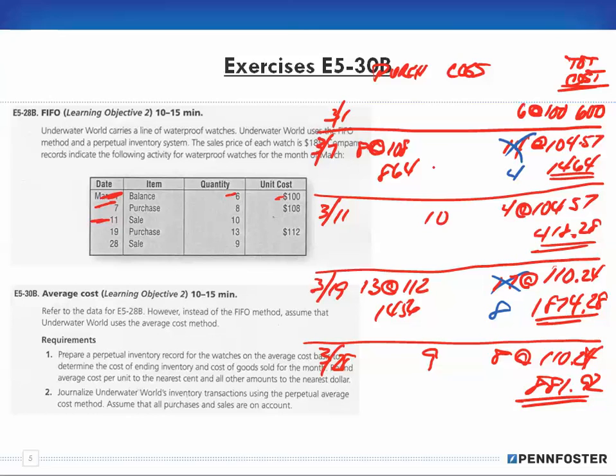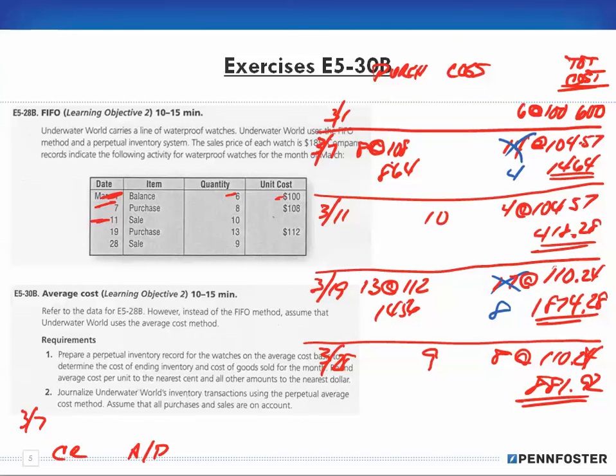Now, my journal entries are going to be basically the same kind of entries that we made in 328 and 329. So I'm just going to briefly go through them. On 37, I have a purchase on account, so I'm crediting my accounts payable.